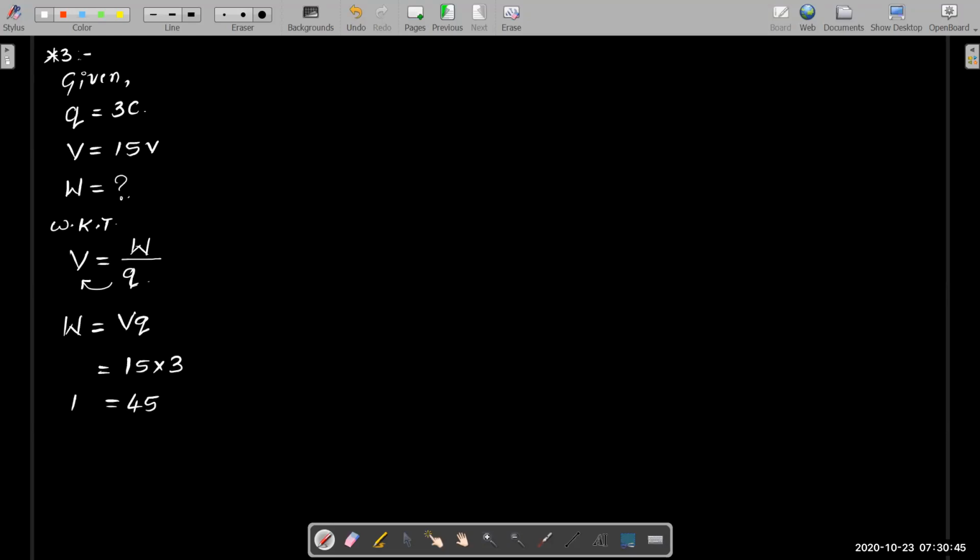So the amount of work done W is 45 joule, because work is always expressed in terms of joule only. Usually for 1 mark and objective type questions, they give such examples. Simple example, but you must know what formula is used for handling this particular situation.